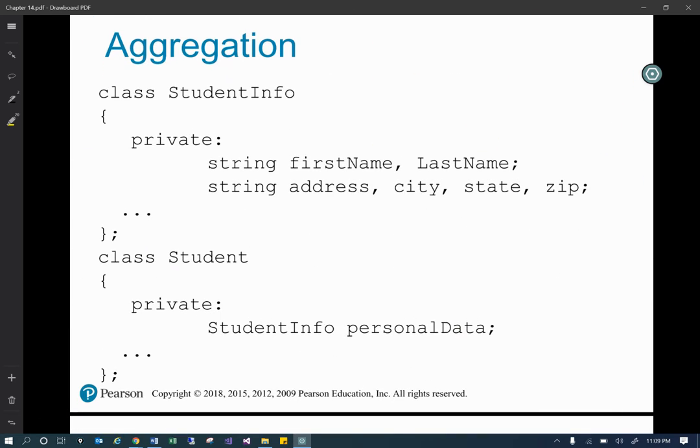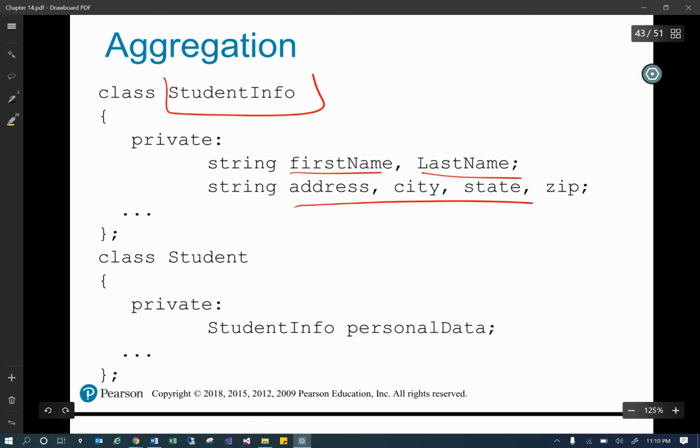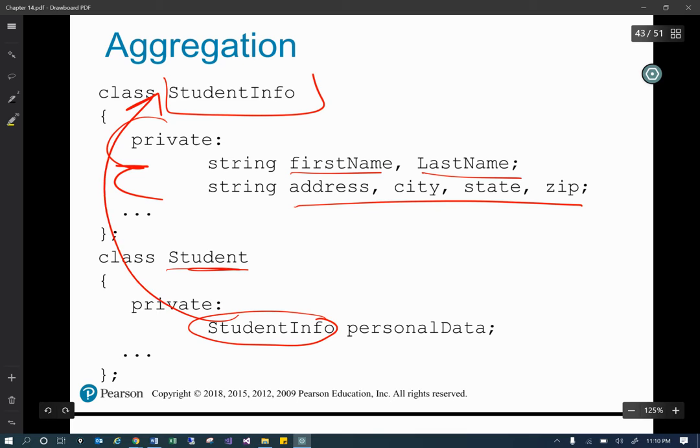For example, we've got the class of StudentInfo, which has a first name and a last name. It's got this address, city, state. It talks about a student, and in particular, that student's information. Then in this class Student, we've got a private StudentInfo, which relates up to this class.